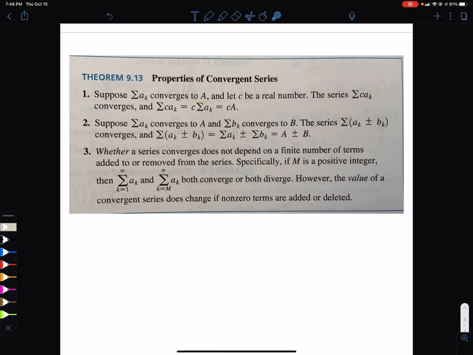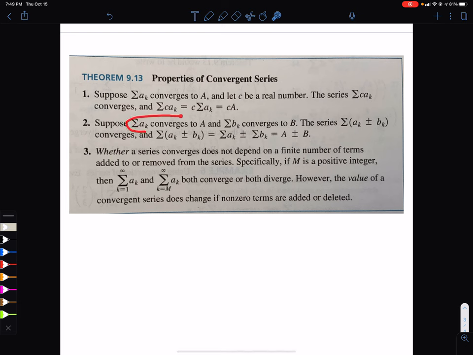But now you have c times the series. Well, quite simply, this is equivalent. You can factor the c out. The series sums up to a still. So now the new series will add up to ca. You just multiply the old sum by the new constant. So you can pull a constant out of a series. That's what it's saying.